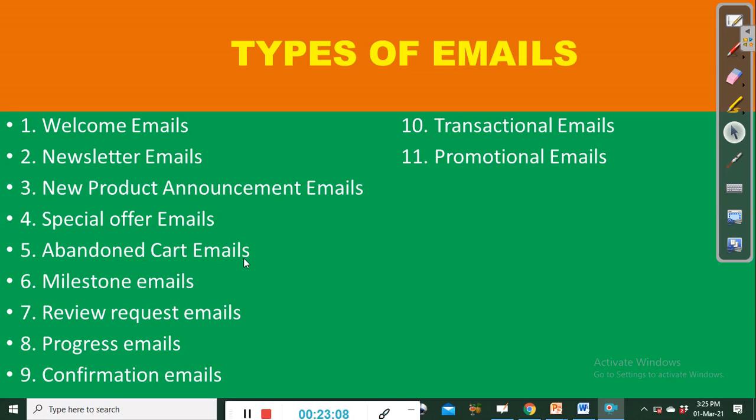That is a very smart way of ensuring that your existing customers continue to patronize your business. Number 7, we have the review request email. Don't forget that a review is a way of asking someone to review. You ask customers for reviews, and you do that with politeness.